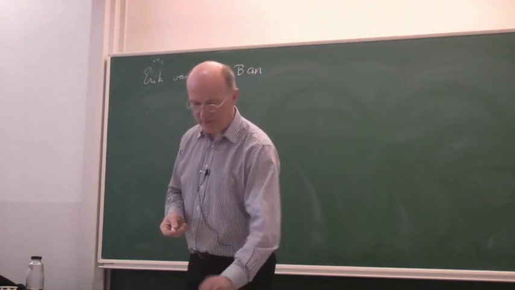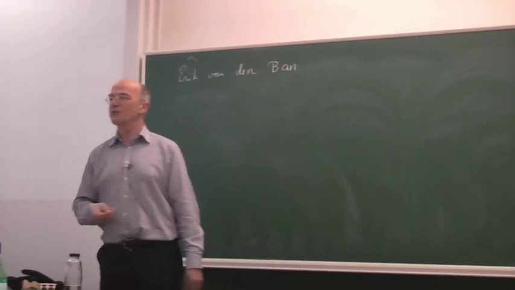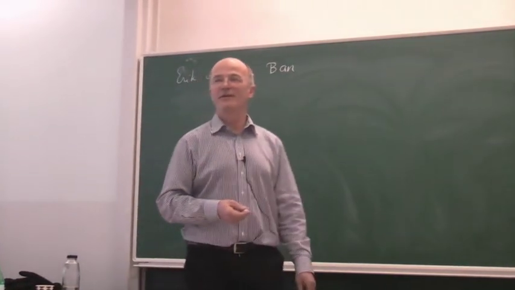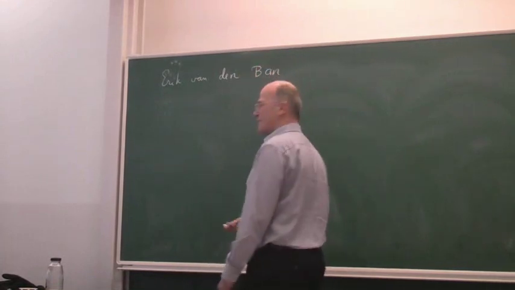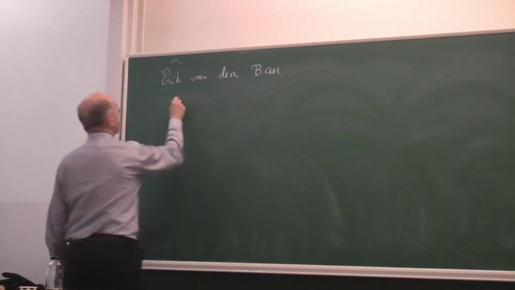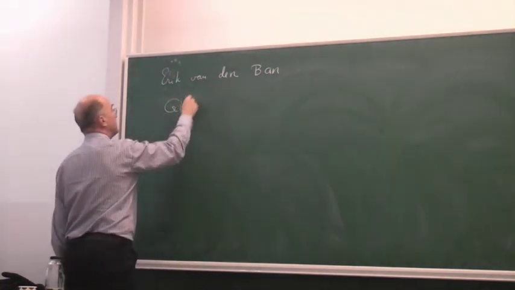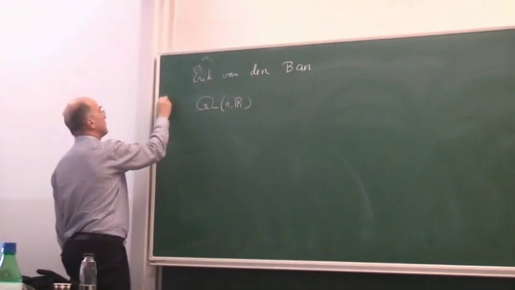Okay, let's start with the course now. And of course, what I should first do is give a rough idea of what a Lie group is. Let's first give a list of examples of Lie groups. The group of invertible real n by n matrices is a Lie group.